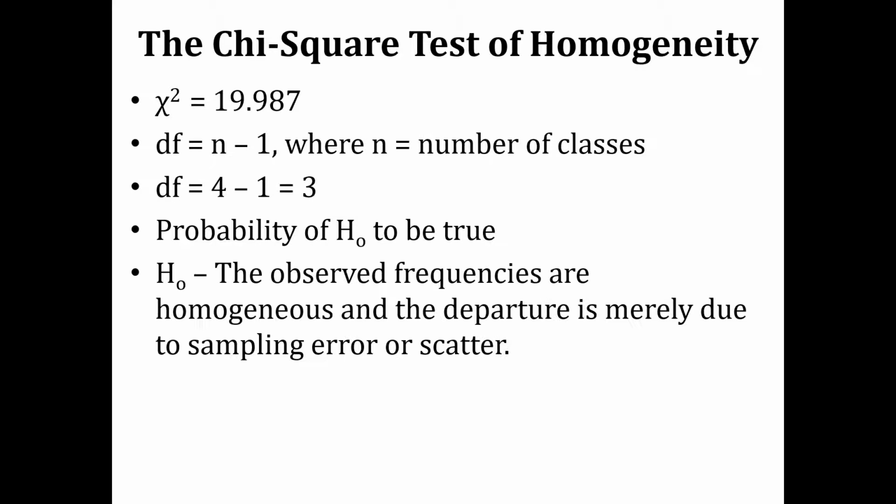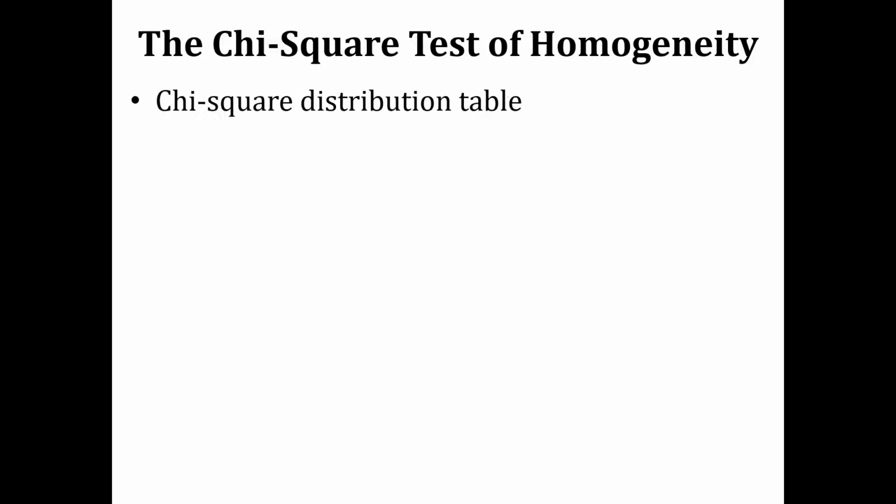And for that purpose, we have to compare our calculated value with the table value. And our null hypothesis is that the observed frequencies are homogeneous and the departure is merely due to sampling error or scatter. So we are going to compare our calculated value with our table value to see what is the probability of this null hypothesis to be true or not.